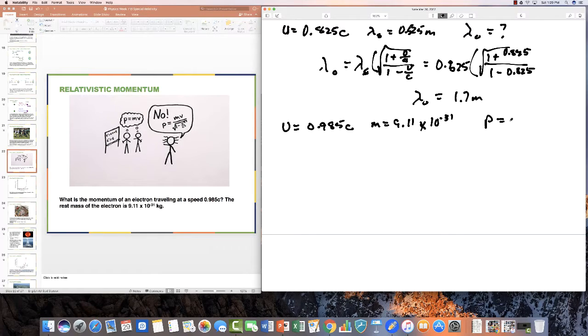Classically, we would just take m times u, but now we need to give the factor gamma. And gamma is equal to 1 over the square root of 1 minus u squared over c squared. So gamma is going to equal 1 over the square root of 1 minus 0.985 c squared over c squared.